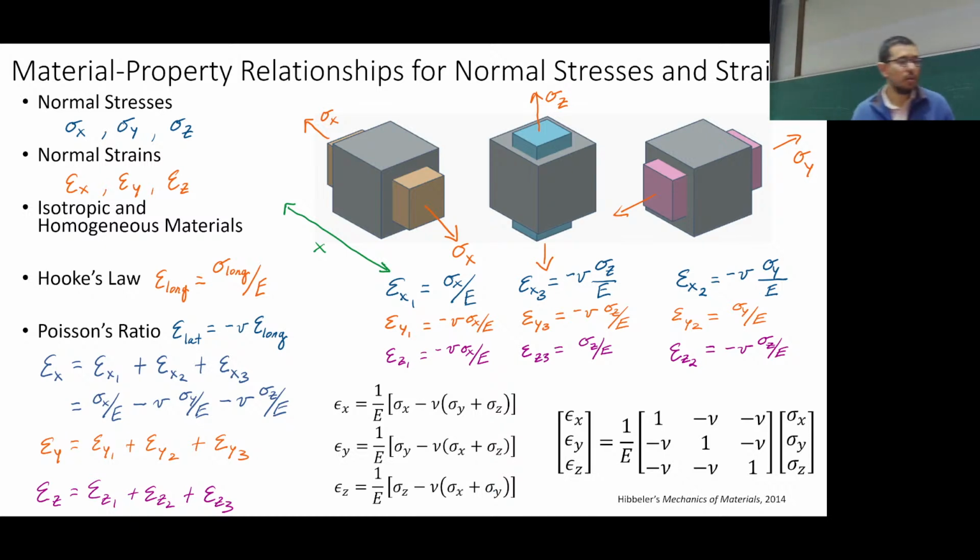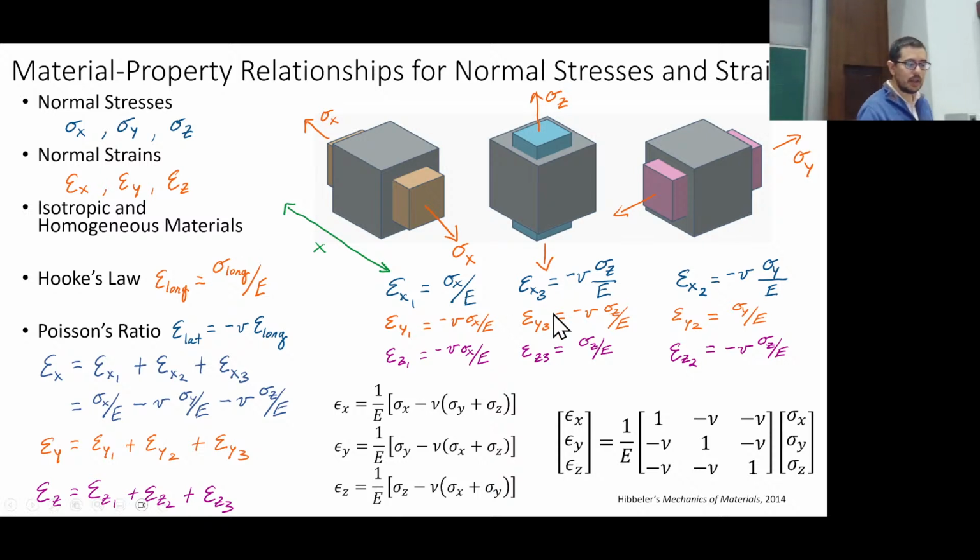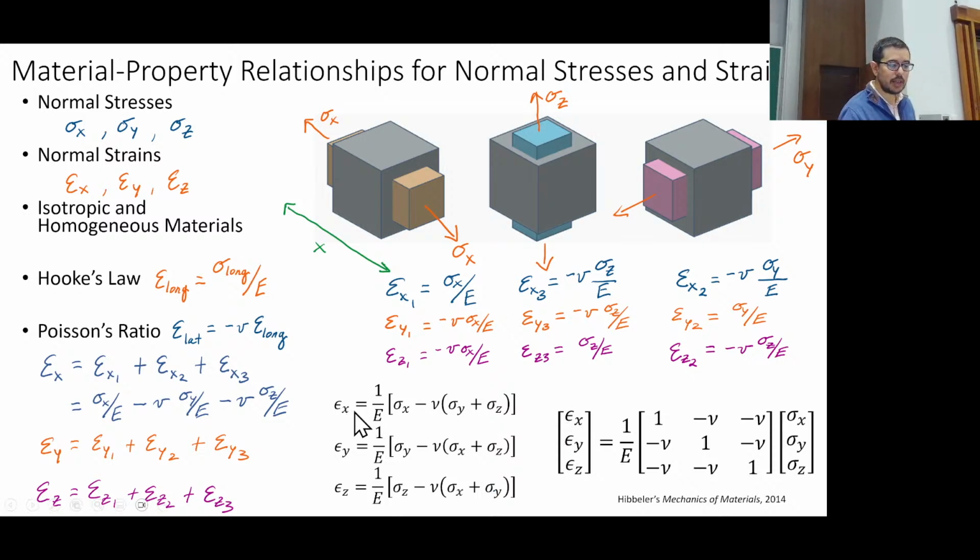Okay? So this epsilon x here on the left side is 1 over E times this big quantity. I've got 1 times sigma x minus nu times sigma y minus nu times sigma z, just like I had here. Right? And this matrix is going to give us the relationship between the stresses and the strains.